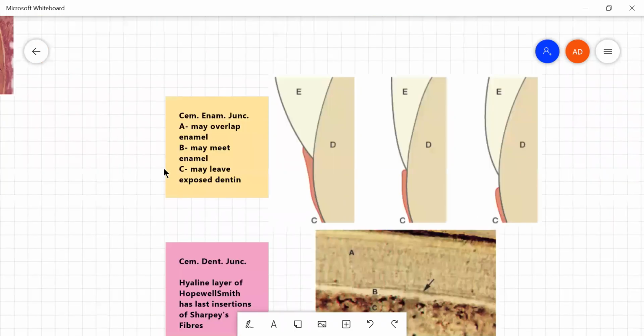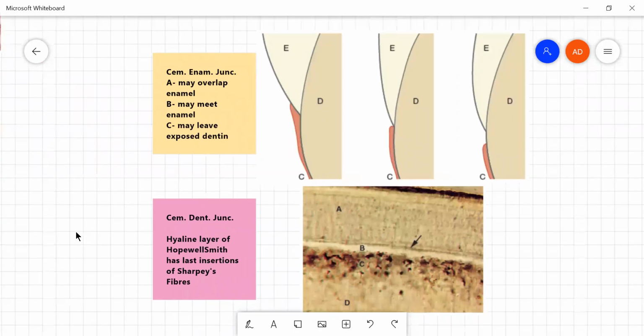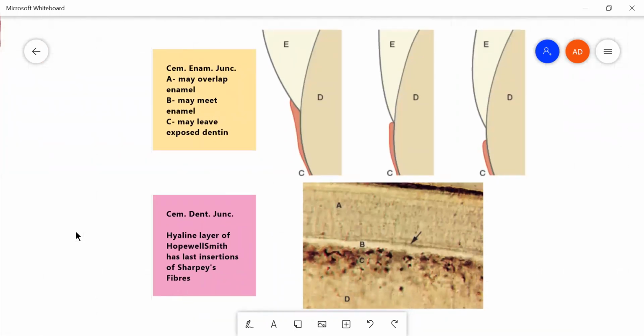Now, let us discuss the cemento-enamel junction and the cemento-dental junction. At the cemento-enamel junction, the cementum may overlap the enamel, or it may directly just meet the enamel, or it may leave a bit of dentine exposed, which is one of the sites where caries may occur.